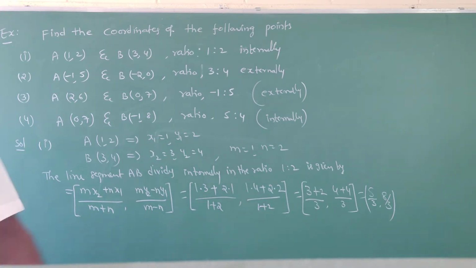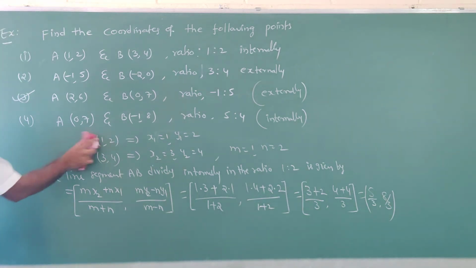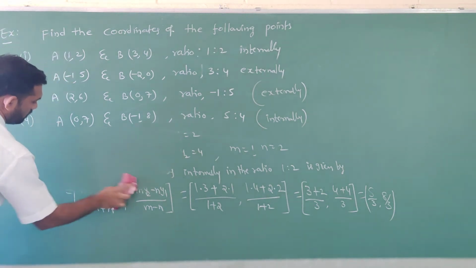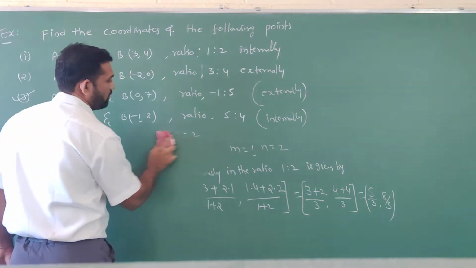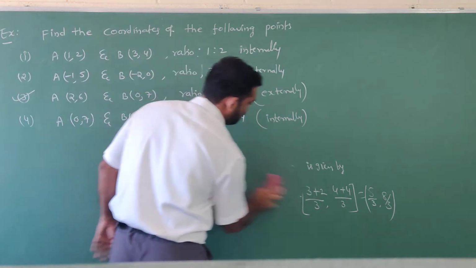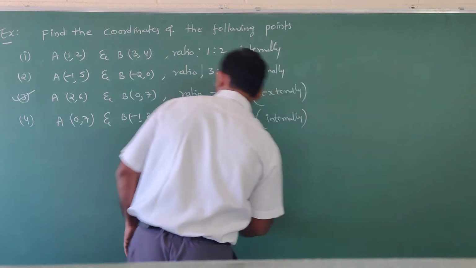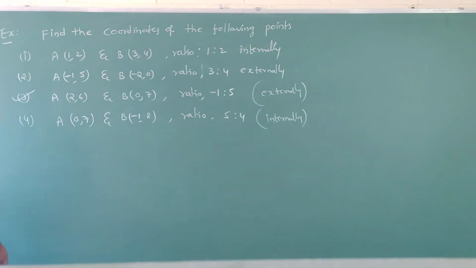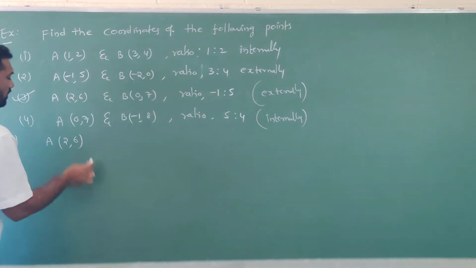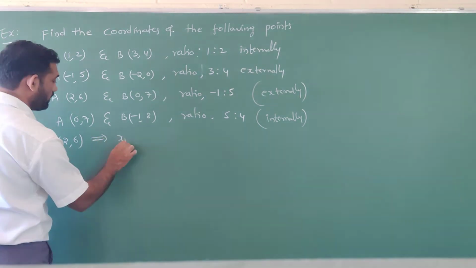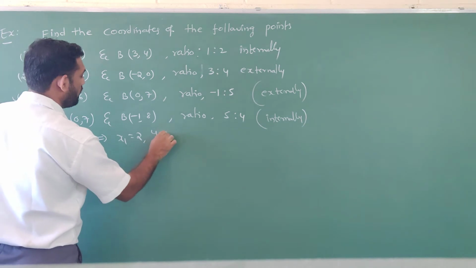Like that, I will do one more problem, the third one. Third one solution. A (2, 6) implies x1 is equal to 2, y1 is equal to 6.